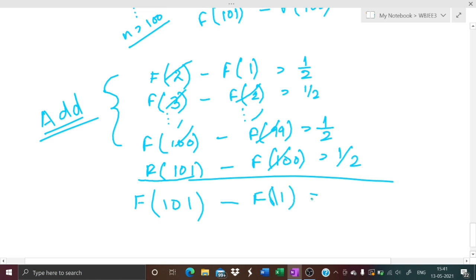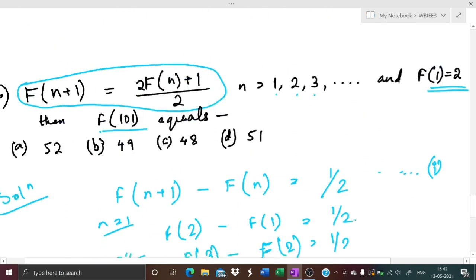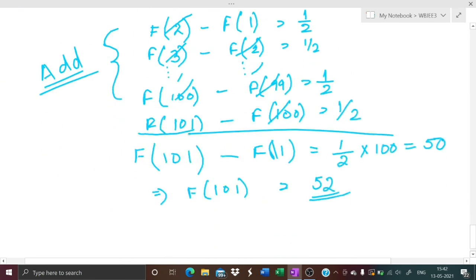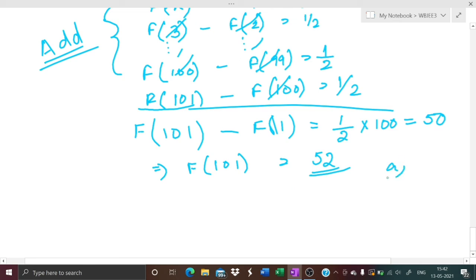You have added a total of 100 equations, 1 to 100, so it will be half into 100, because you are adding half 100 times, so it would be equal to 50. Okay, f of 1 is already given as 2, so f of 101 would be equal to 52. Option A. So this is the approach for this type of question. The correct answer is option A.